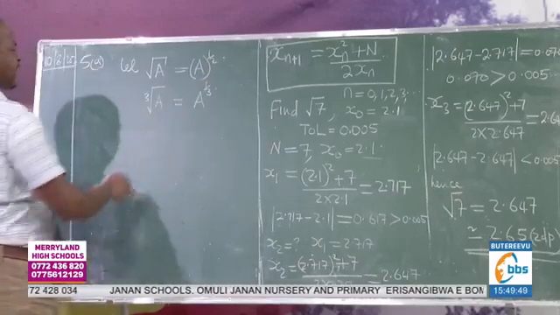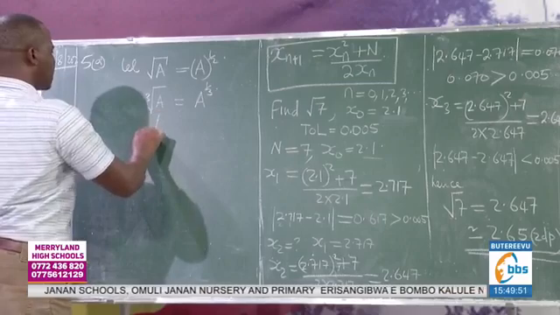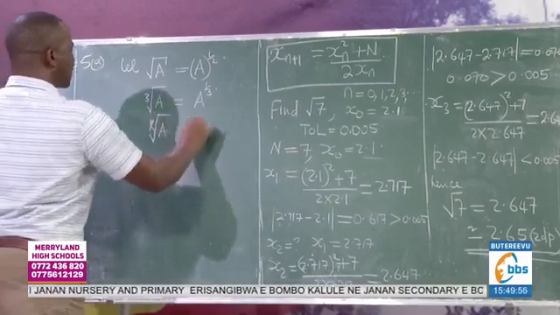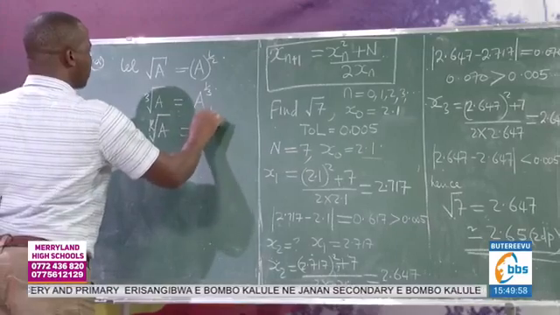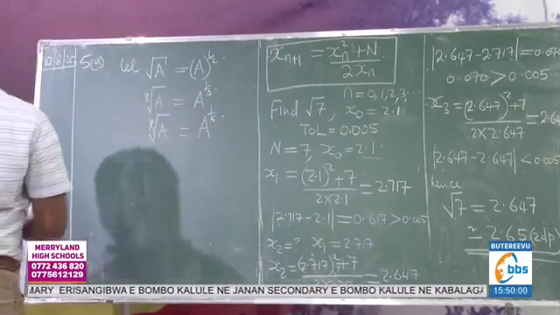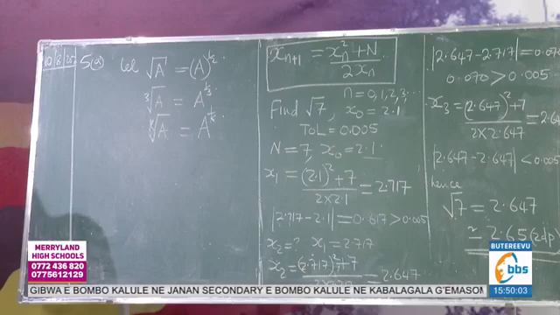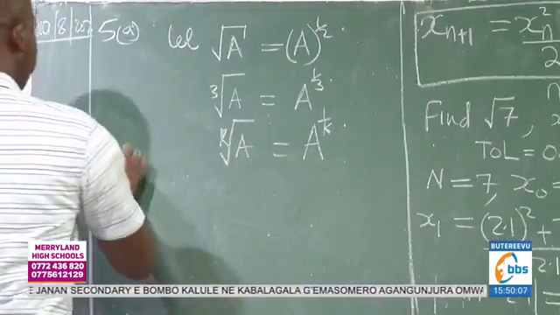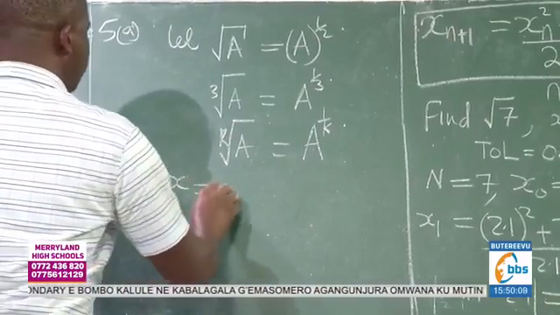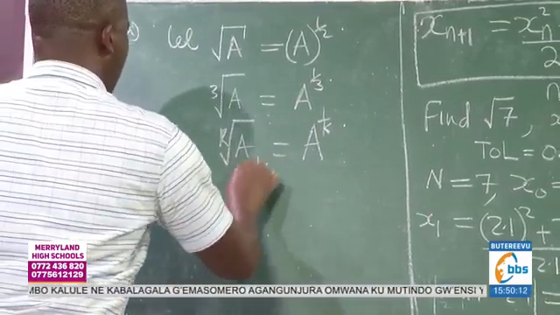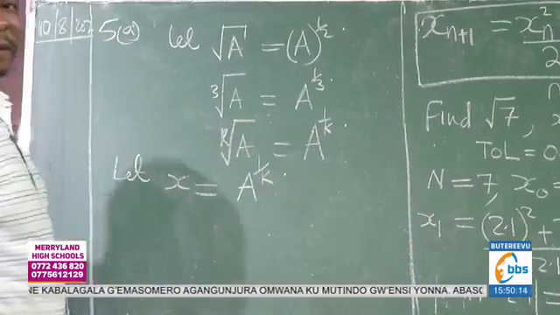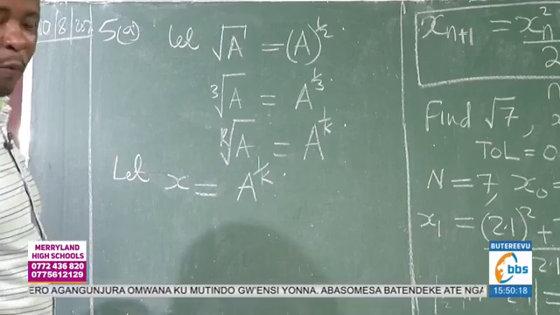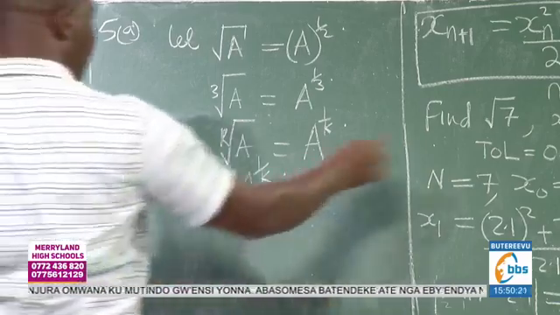So if we talk about the kth root, we write it as A to the power of 1 over k. That will be the interpretation. So with this, I will let x be equal to A to the power 1 over k.